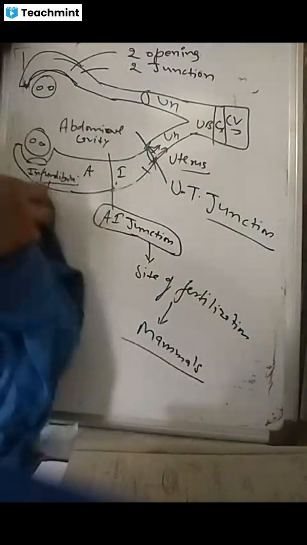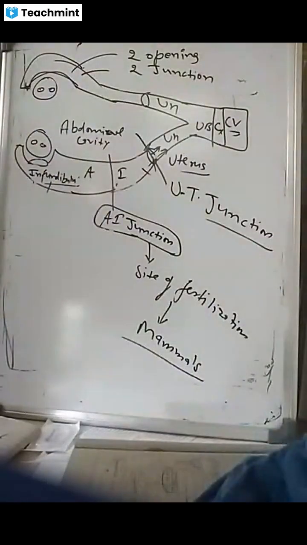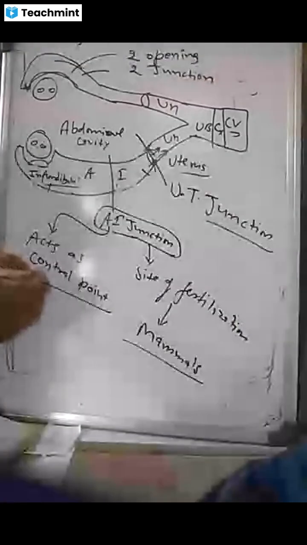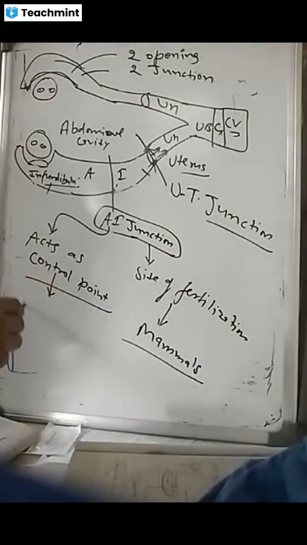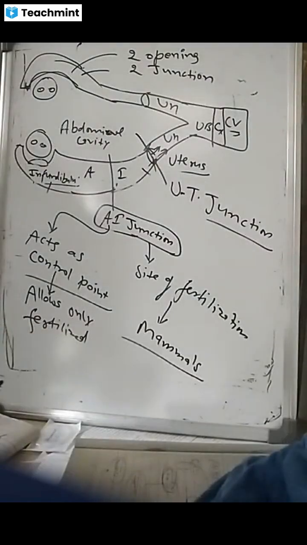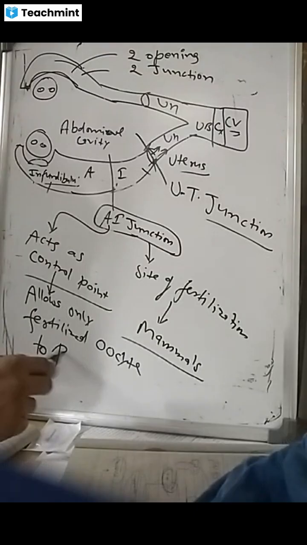One more function of this junction: it acts as a control point, allowing only fertilized oocytes to pass.